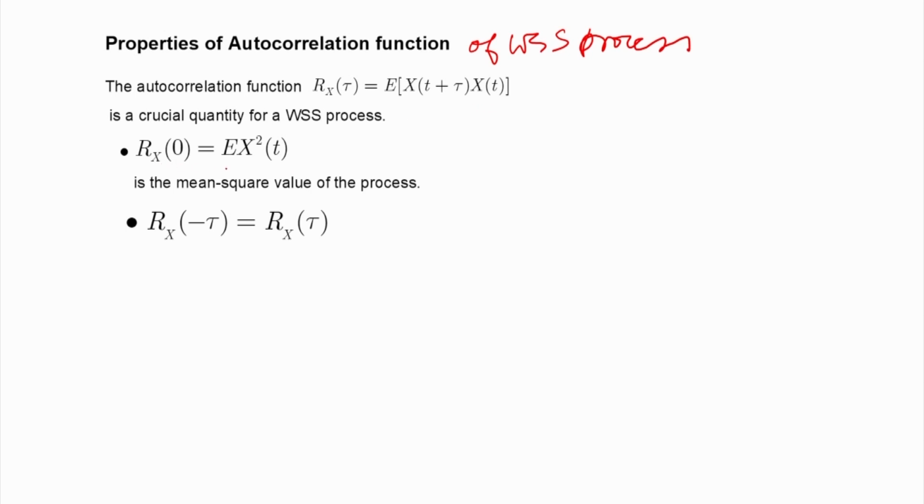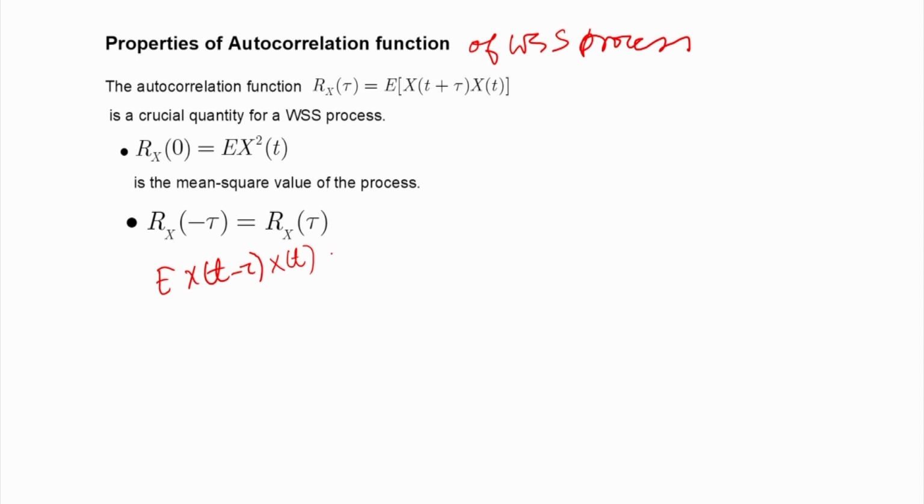We can write Rx(0). What will be Rx(0)? That is equal to E of x(t) into x(t), that is E of x squared(t). This is the mean square value of the process. Similarly, this autocorrelation function Rx(tau) is an even function. How? For example, Rx(minus tau) is equal to E of x(t minus tau) into x(t), and x(t minus tau) and x(t) are both real.